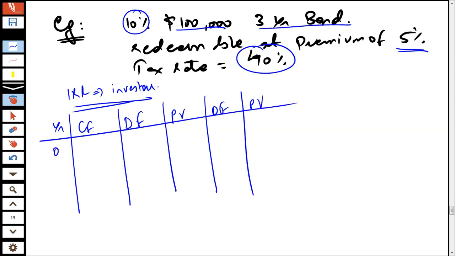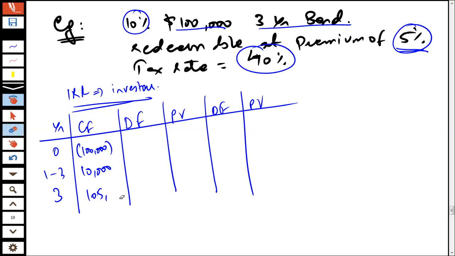At time period 0, the investor would have invested 100,000. From time period 1 till time period 3, 10% into 100,000, so the investor would get an interest of 10,000 every year. And redeemable at 5% premium means at year 3, the investor would be getting 105,000.